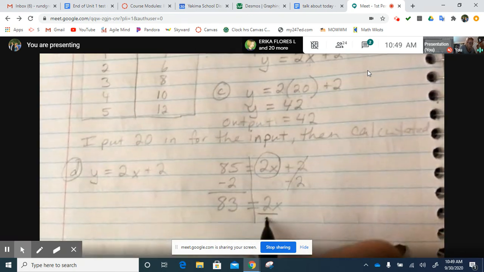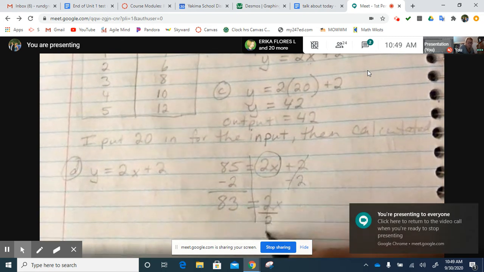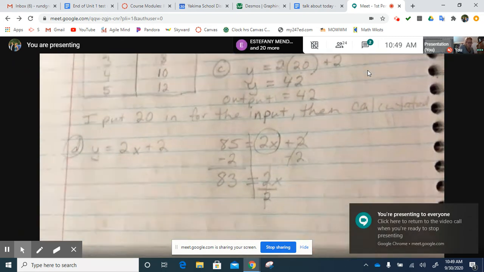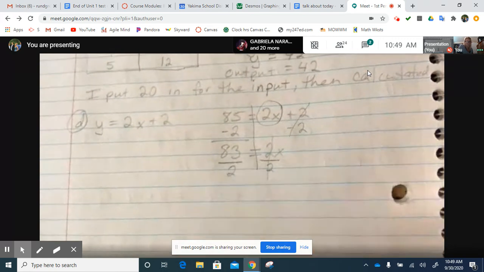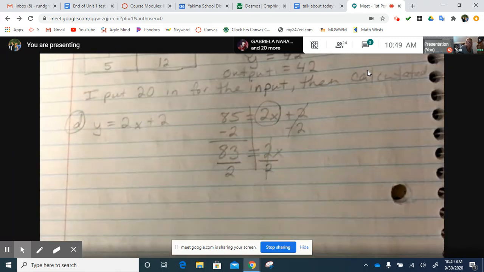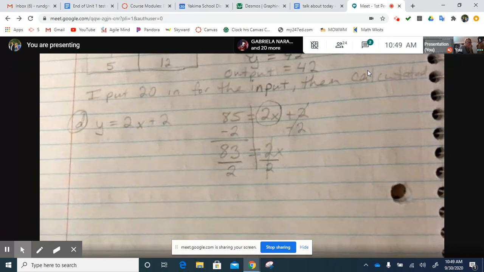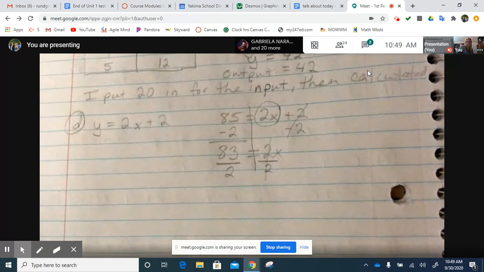So we're going to divide by 2. And what we did to one side, got to do to the other. 83 divided by 2 is 41.5 equals x.